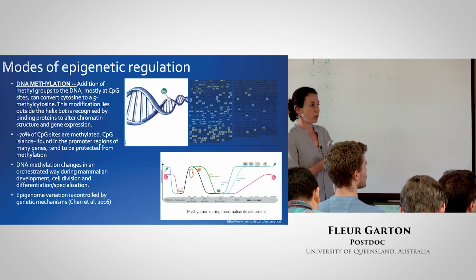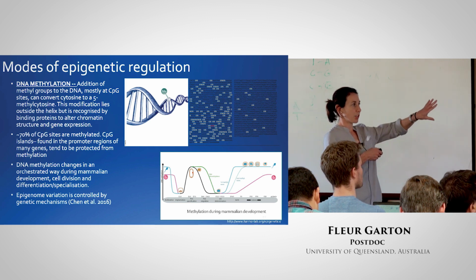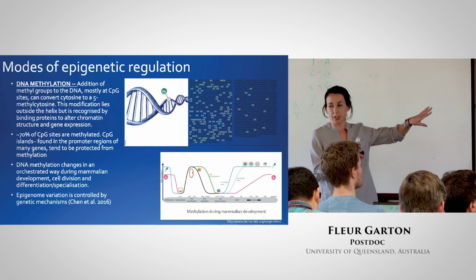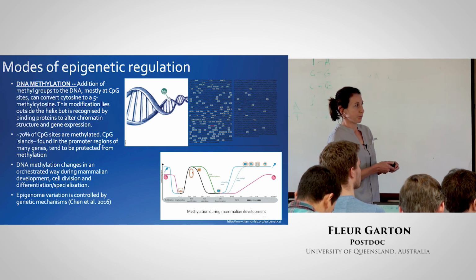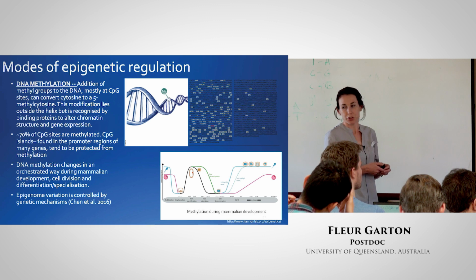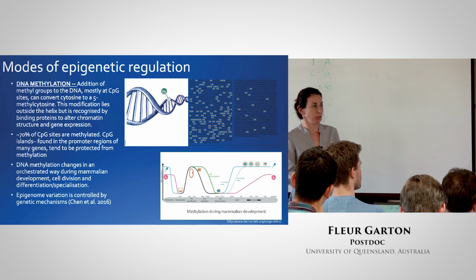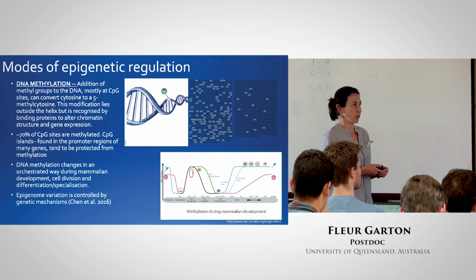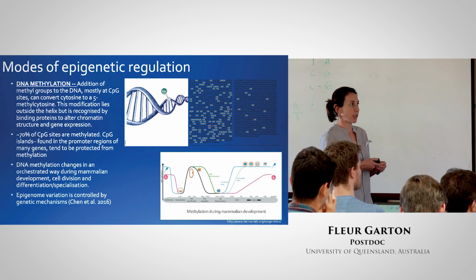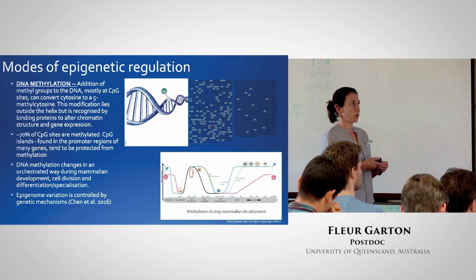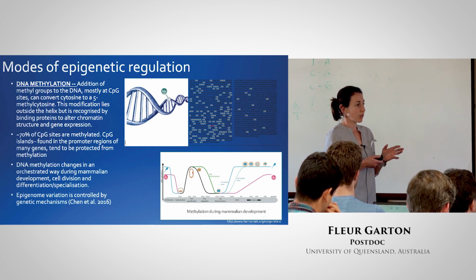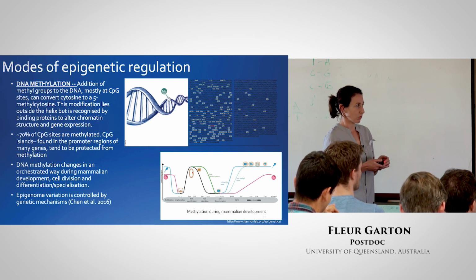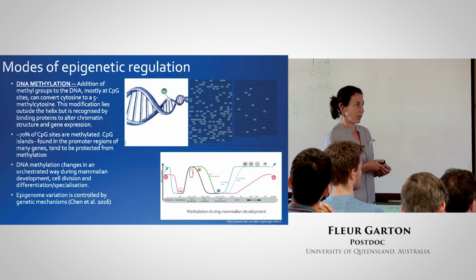In the picture, all of the CGs are highlighted in yellow. So this particular square here doesn't have a very high proportion of CG sites. There's much fewer in this length of the DNA compared to this length. So this would be referred to as a CpG island, and you would expect it to be protected from methylation, but not in this case.